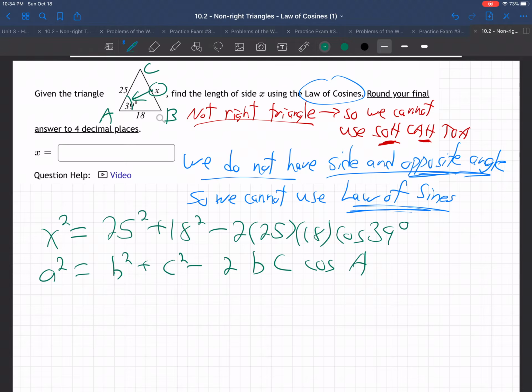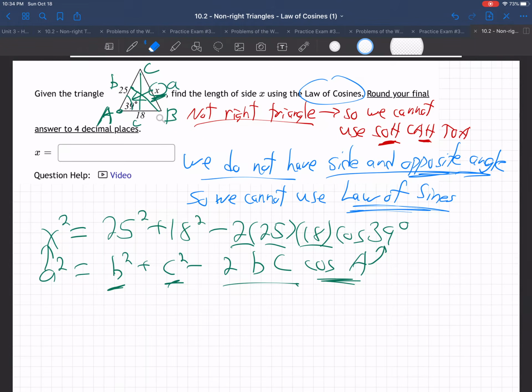So do you see how the little a is like the x, right here. This is like the little a, which is across from the big A. Right? A is across from A, B is across from B, C is across from C. So this is angle B, and this is little b, this is angle C, this is little c here. So little b and little c are the 25 and the 18, minus 2bc, minus 2 times 25 times 18, times the cosine of capital A, which is the angle across.